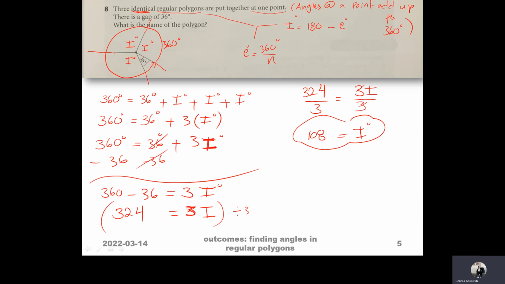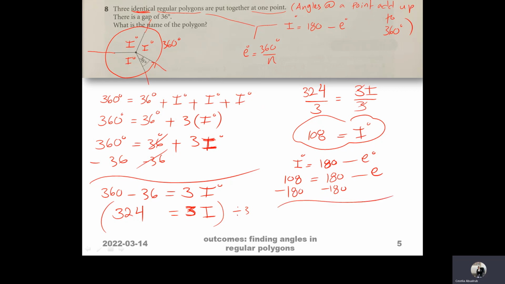Okay, can we find the exterior angle? So we're going to say I is equal to 180 minus E. So what is I? I is 108, equals 180 minus E. Let's apply opposite operations: minus 180 on this side and minus 180 on this side.